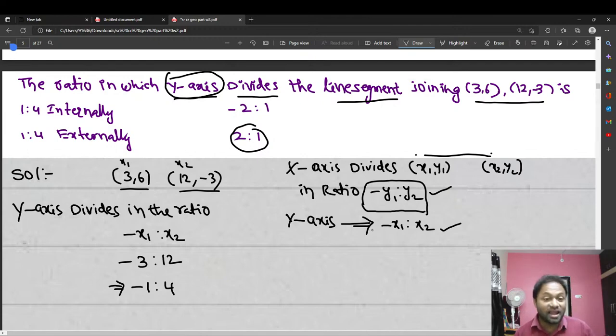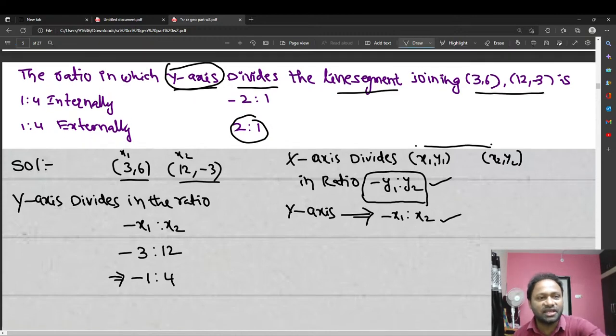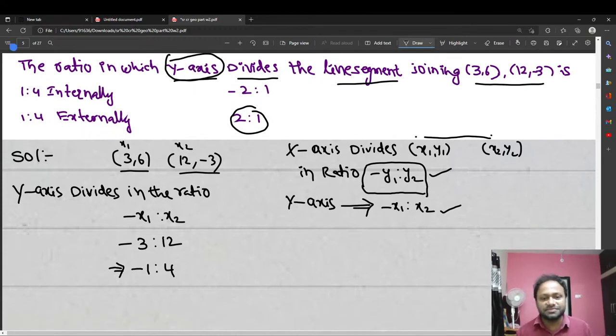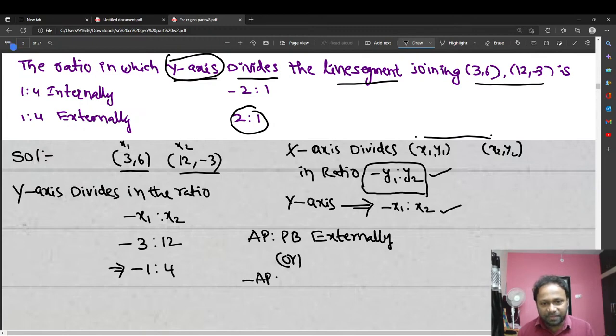In the last class, I told one condition. The condition is AP is to PB externally, or in the same way we can write it as minus AP is to PB.